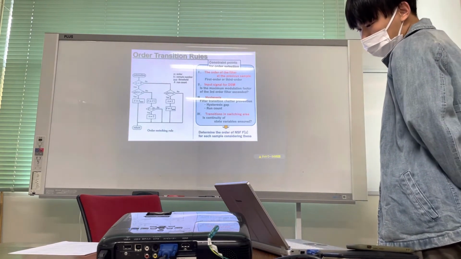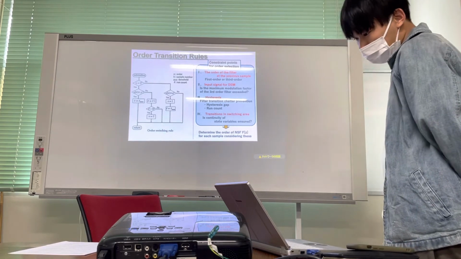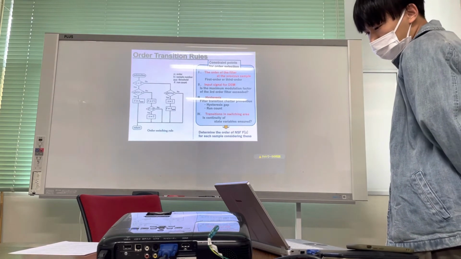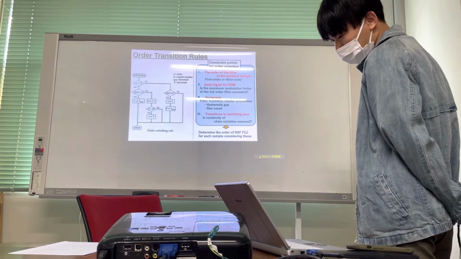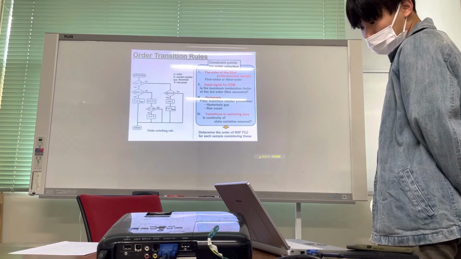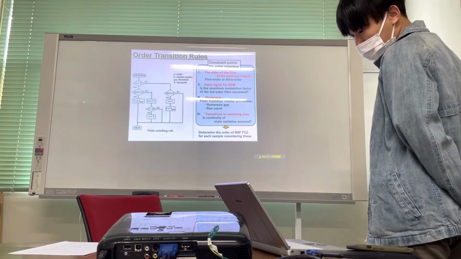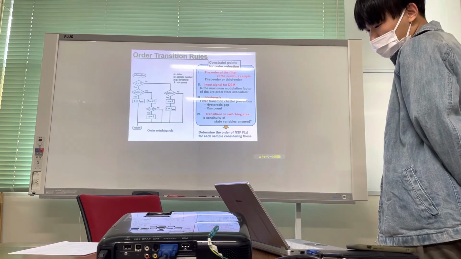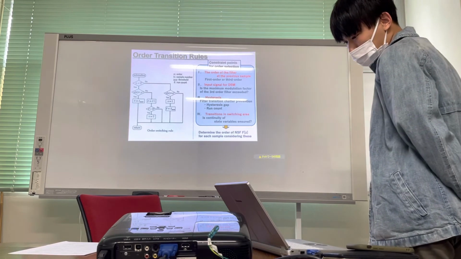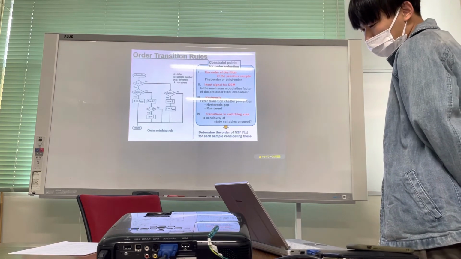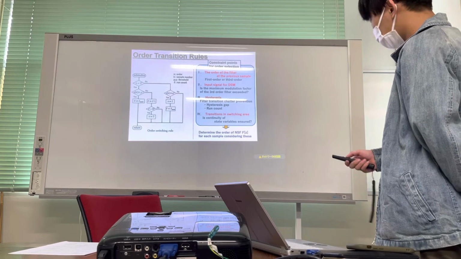The third is the hysteresis provided to prevent filter transition chatter. It has a hysteresis gap and run count. The last one is the transition in the switching areas. Considering these, we determine the order of the noise shaping filter at each sample.